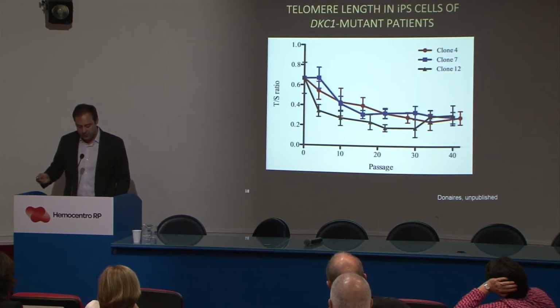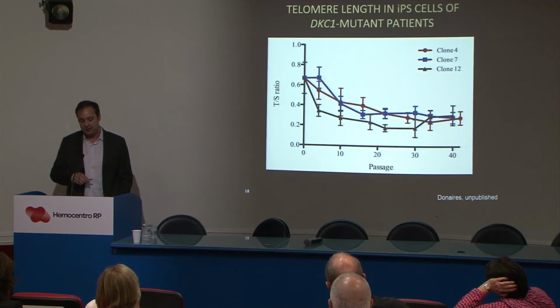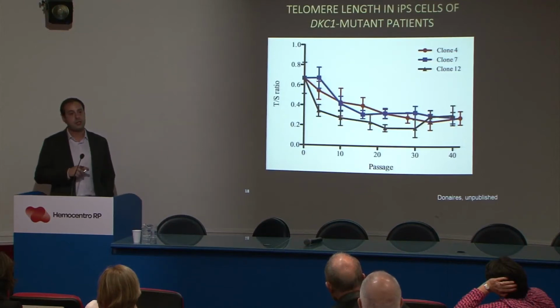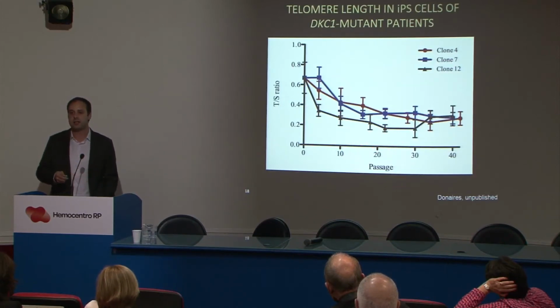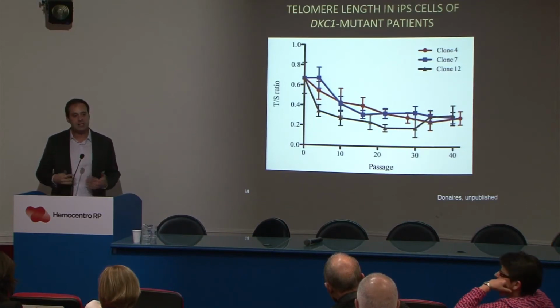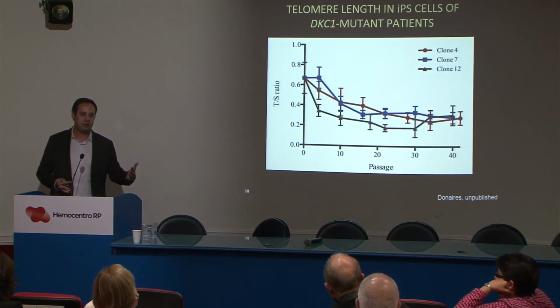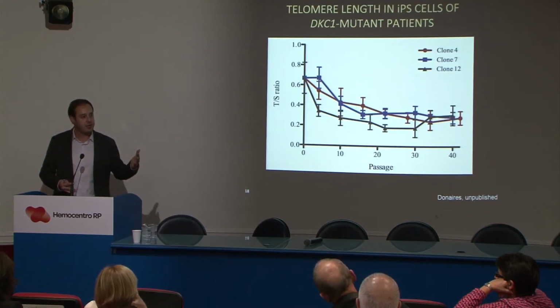Some recent results from her suggest that, as opposed to what we see in controls, here telomerase is activated later. We only see telomerase activity at about passage 20, suggesting some additional mechanisms during reprogramming that are usually activated very early in the process, but in the DKC1 mutant they're not able to activate.